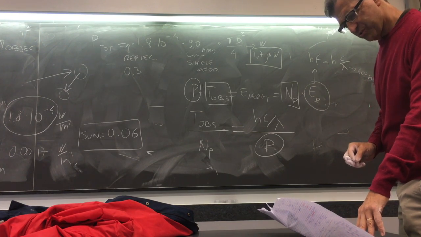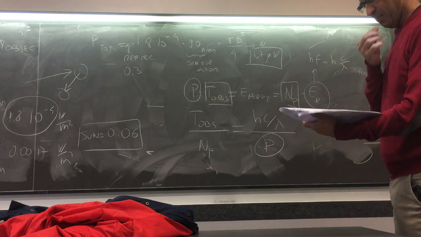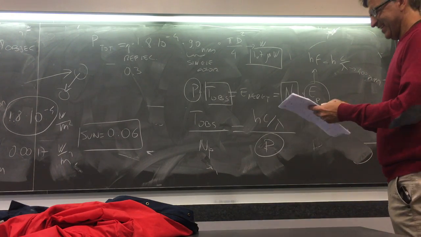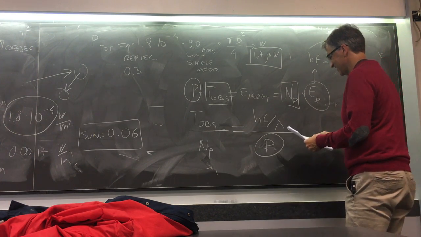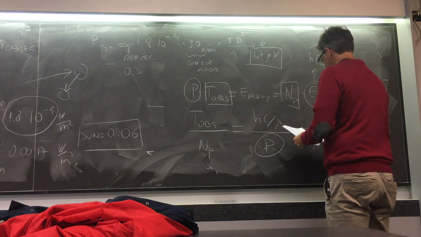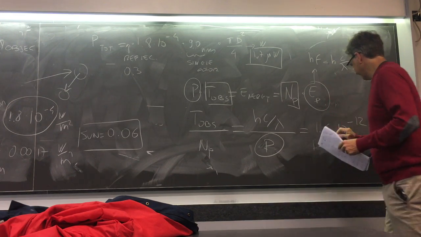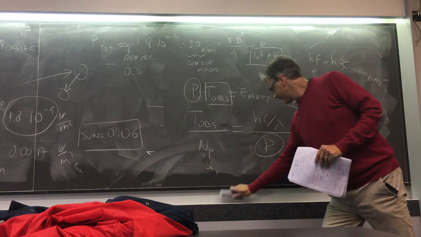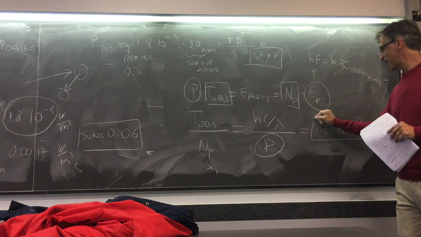I computed this already, and I have this number. Okay, well, it depends on the wavelength, but it is 1.6 times 10 to the minus 12. Well, what does it mean?